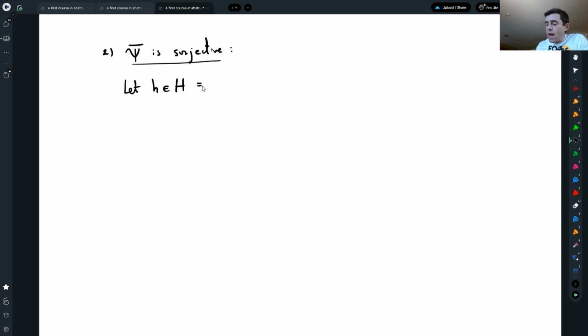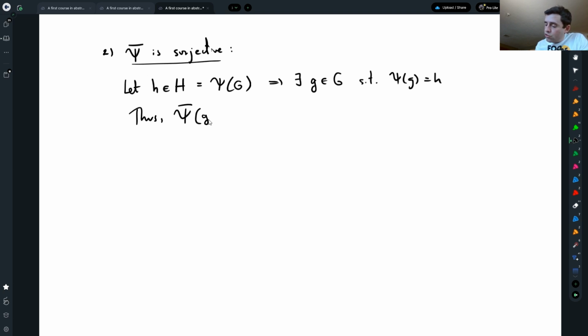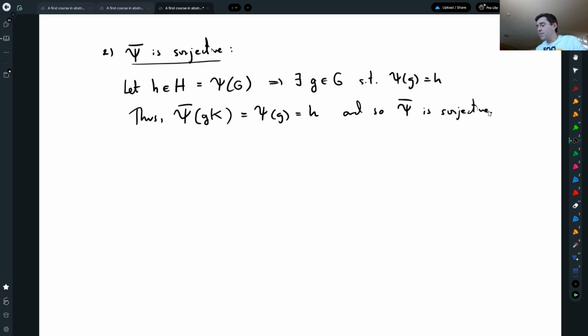So that h, since psi is surjective, is psi of g for some g, and therefore there is something in G that maps to h. How much is psi bar of the coset generated by g? That is psi of g, which is h, and so psi bar is surjective, just like psi was.